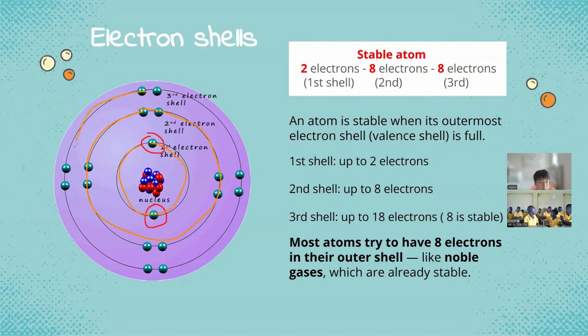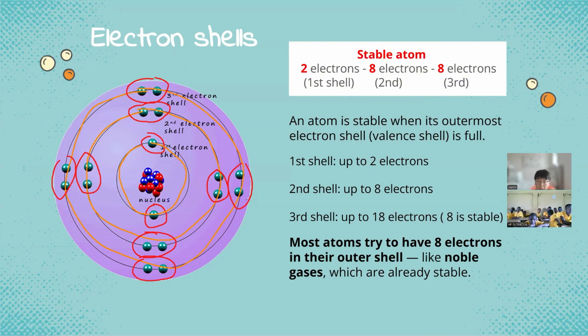And this is the third shell. You can see 2 electrons in the first shell, 1, 2, 3, 4, 5, 6, 7, 8 in the second shell. So that makes a total of 10 electrons. And then there are also 8 in the third shell. So there are a total of 18 electrons when there are 3 shells.